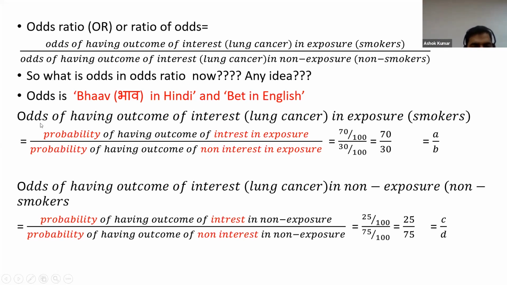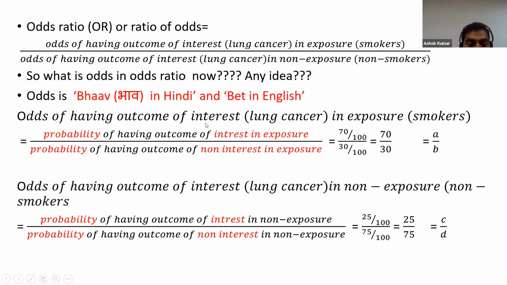In statistics, how do we calculate the odds of having the outcome of interest in the exposure group, the odds of having lung cancer in smokers? It is the probability of having the outcome of interest in exposure.